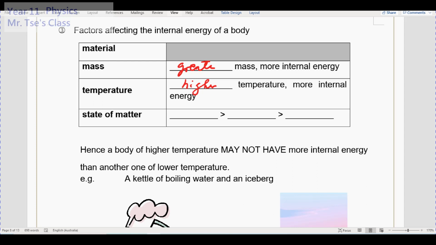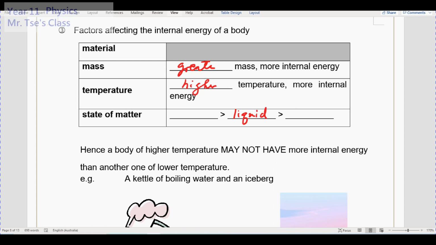Okay, so state of matter. If you have the same material, same mass, for the state of matter, normally which one has the greatest internal energy: solid or liquid? Solid or gas? So we understand liquid is always in the middle of gas and solid.